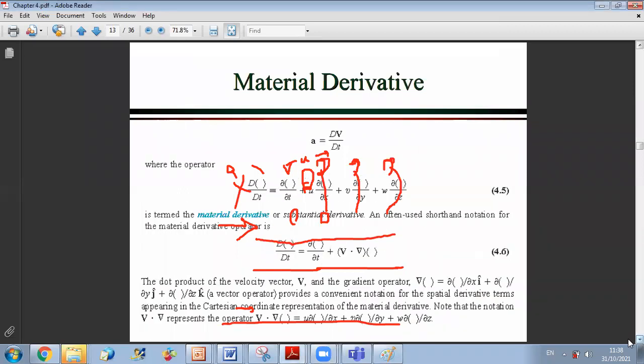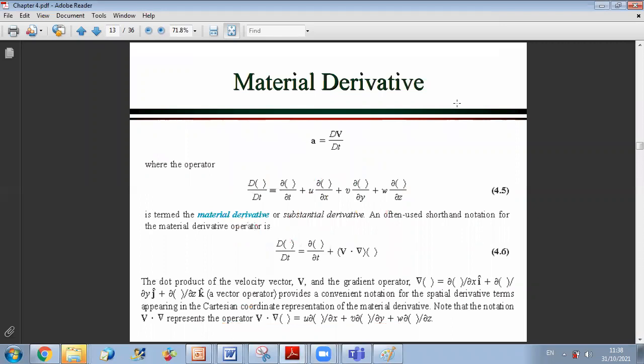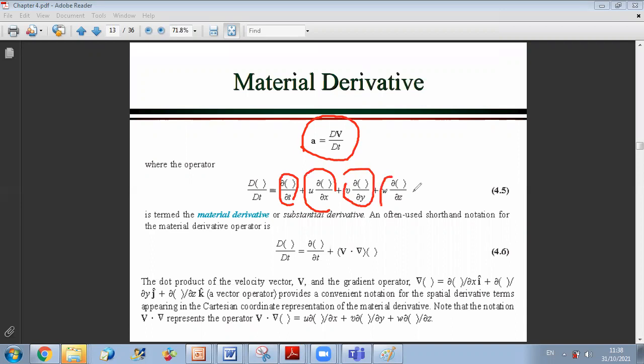Okay? And we can summarize this by writing it as a mathematical operator, because we have demonstrated that the total derivative is the partial derivative with respect to time plus U del by del X plus V del of the variable by del Y plus W del of the variable by del Z. And this can be written as a mathematical operator.